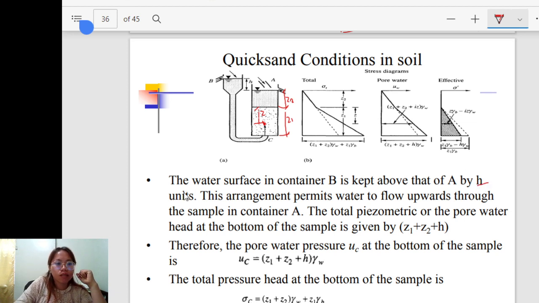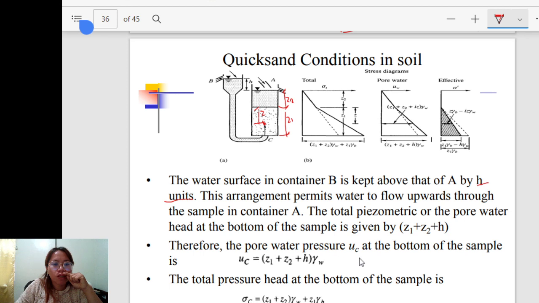So this arrangement permits water to flow upwards through a sample container in A. This is the sample container. The total piezometric or pore water head at the bottom of the sample is given by Z1 plus Z2 plus H. This is the difference of height between A and B.